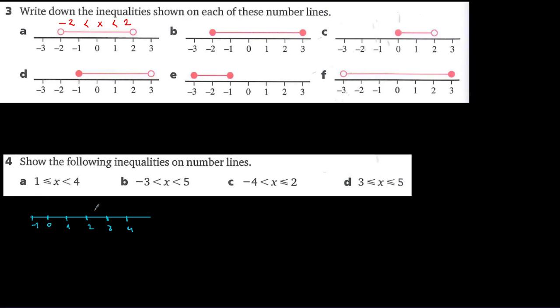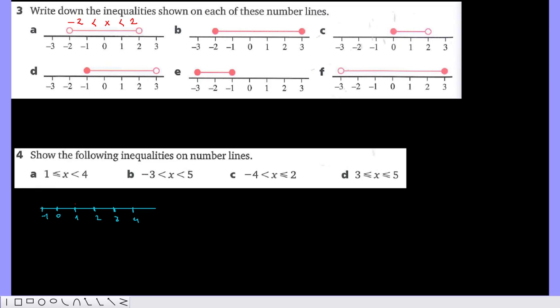So the values are between 1 and 4. Between 1 and 4, I'm going to draw the red line, and I'm going to draw 2 circles, one on this side and another on this side.